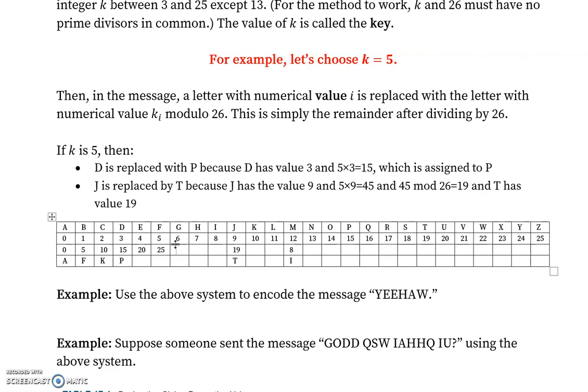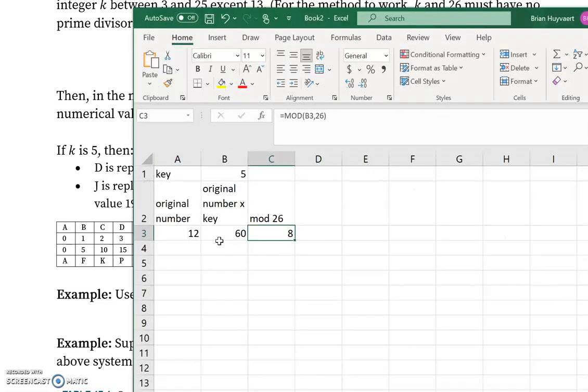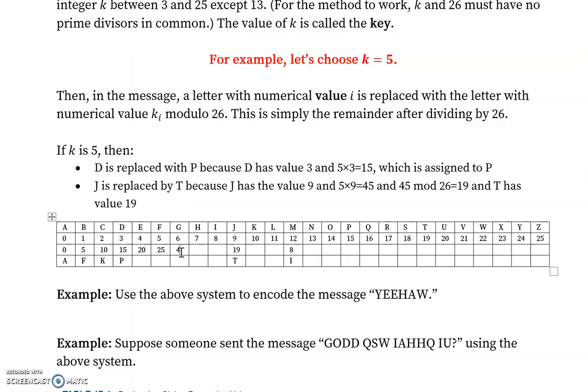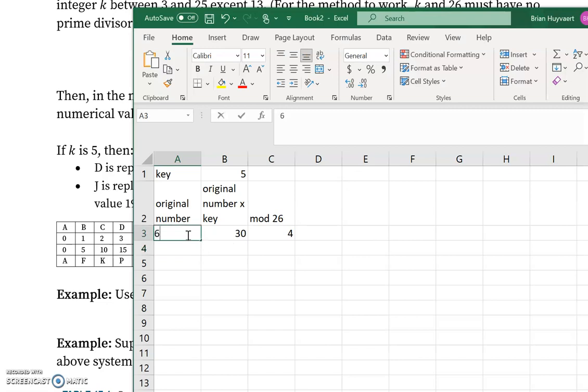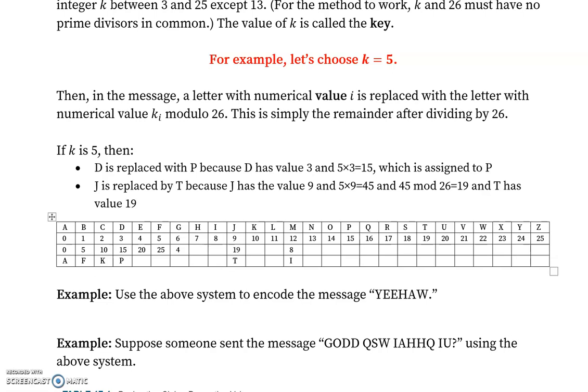So let's see what G would be though. G originally is 6. And if we let our original number be 6, it turns out it's 4 once we do this little modulus. Let's check 7. Okay, that's going to be 9. Let's check 8.